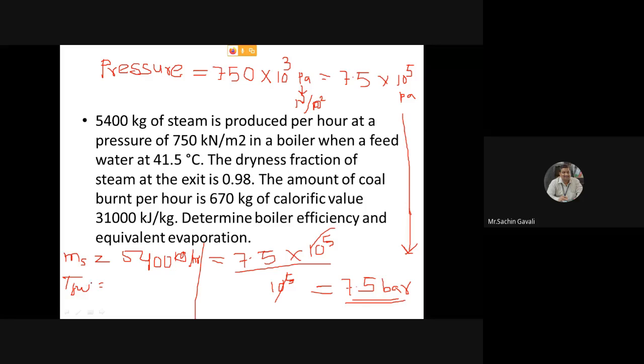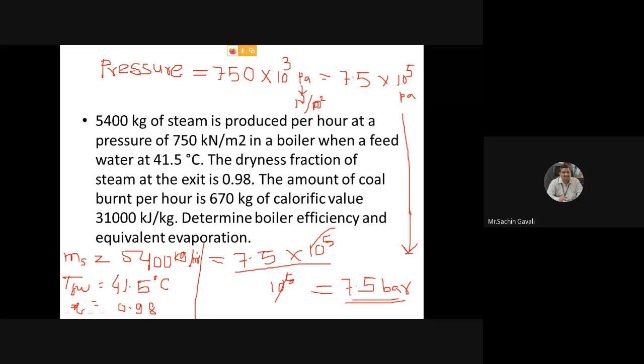T feed water is equal to 41 degree Celsius, and dryness fraction x is 0.98.